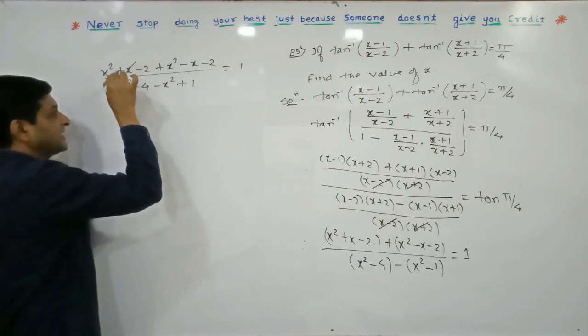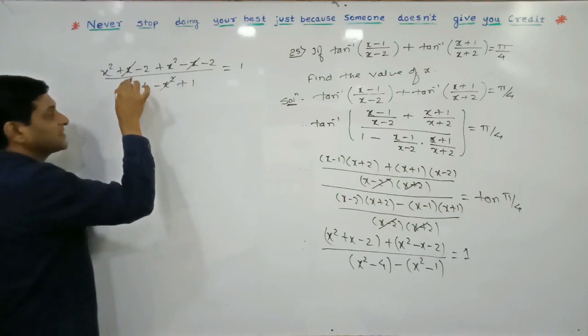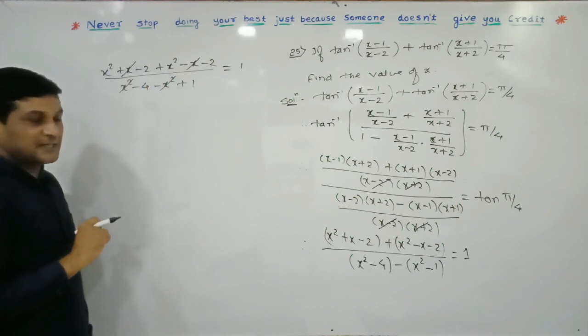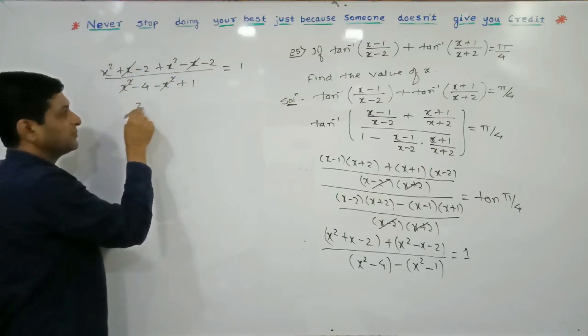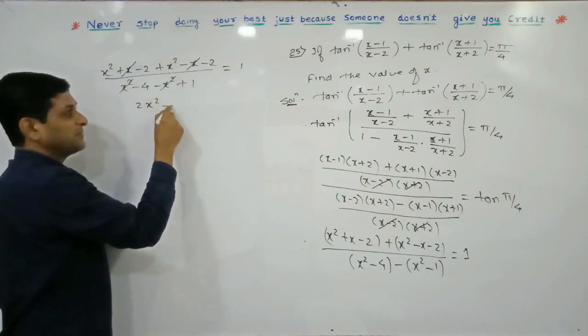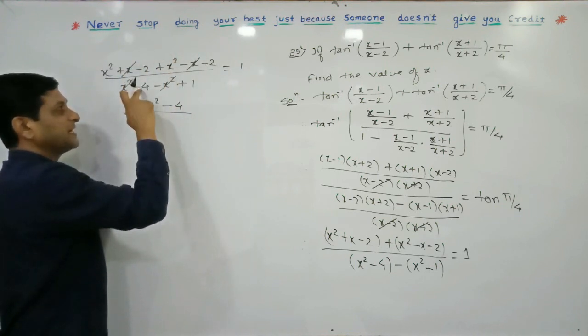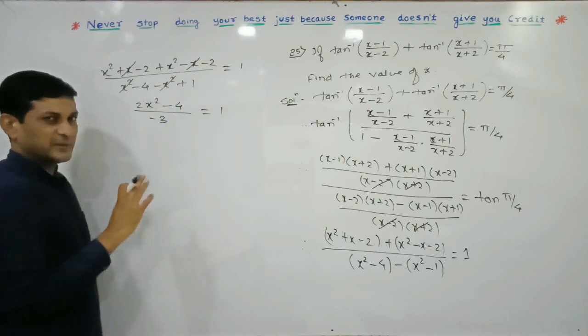Check that in the numerator plus x and minus x will get cancelled, and in the denominator minus x square and plus x square will get cancelled. Now collect the terms of x square in the numerator. x square plus x square will be equal to 2x square. Collect the constant terms. Minus 2 minus 2 will become minus 4, and in the denominator minus 4 plus 1 will be equal to minus 3. On the right hand side, 1 keep it as it is.